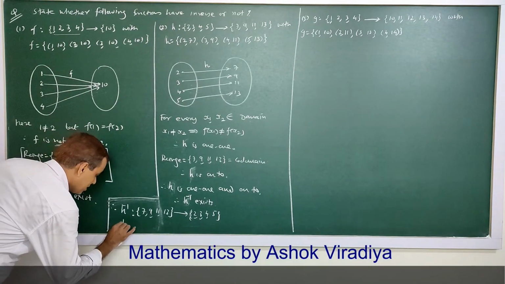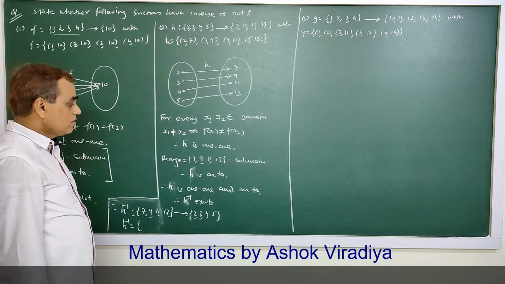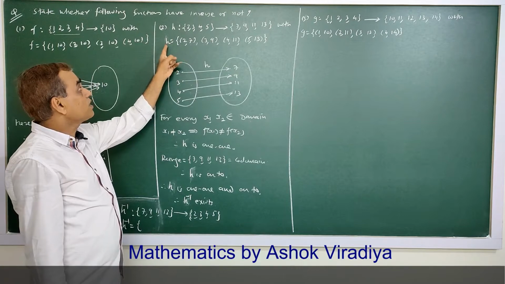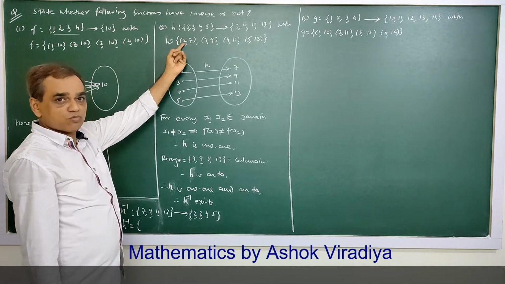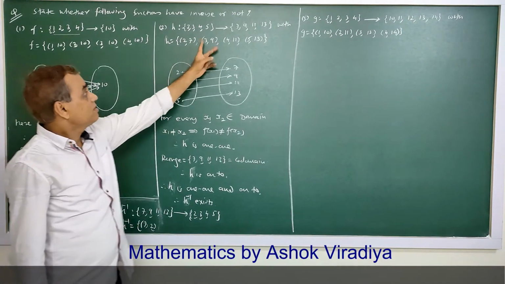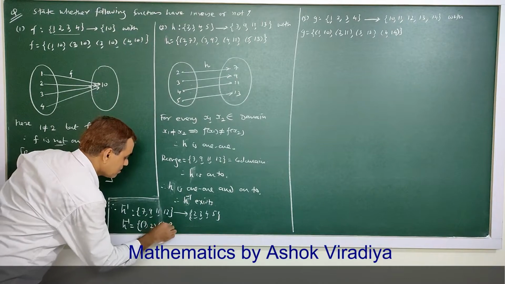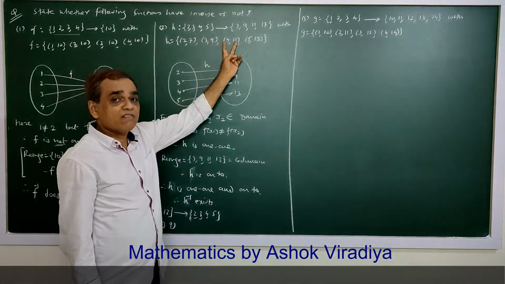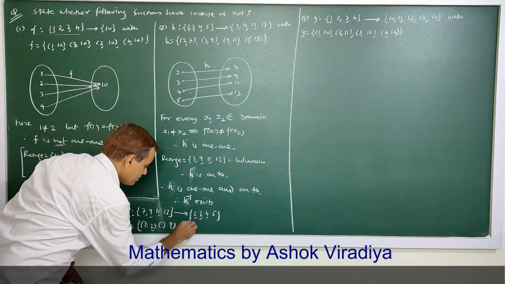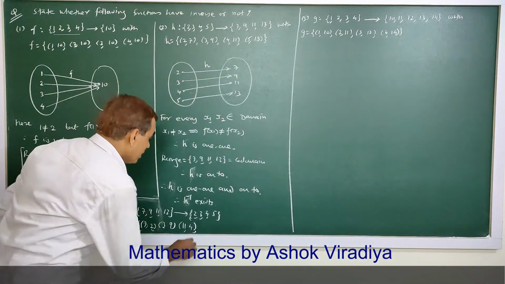h inverse is defined by reversing the pairs. In h inverse, what happens? Image of 7 is 2. Image of 9 will be 3. 4, 11 will be converted into 11, 4. 5, 13 will be converted into 13, 5.